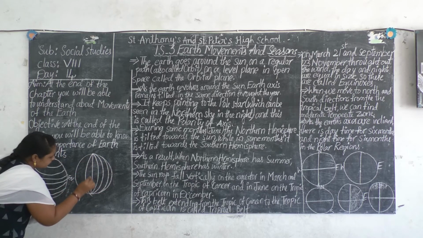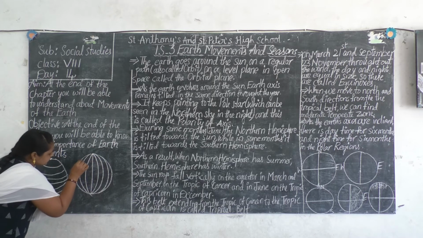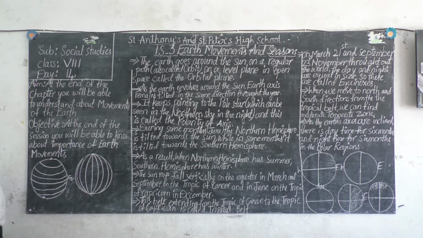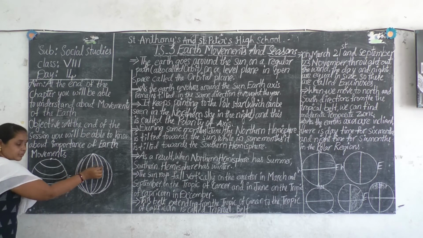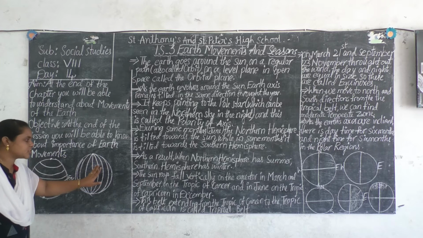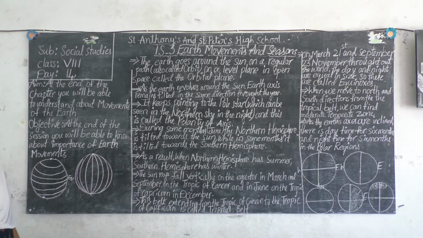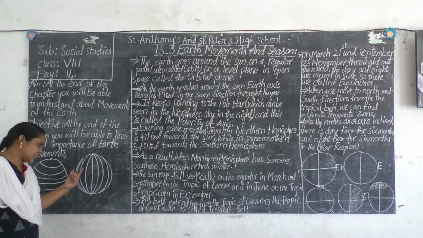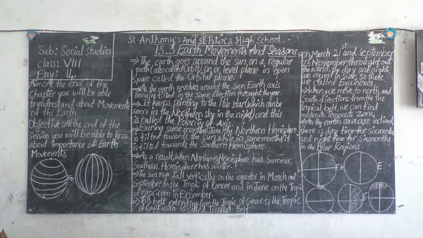These lines are running from north to south. Latitudes mean parallels, longitudes mean nothing but meridians. So the longest latitude is the equator, and here Greenwich. Very good.